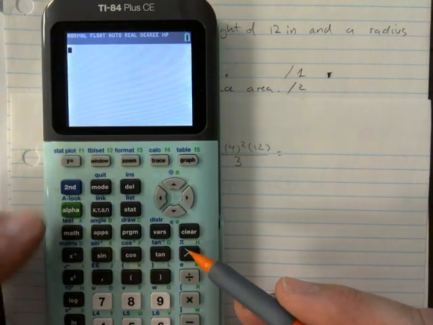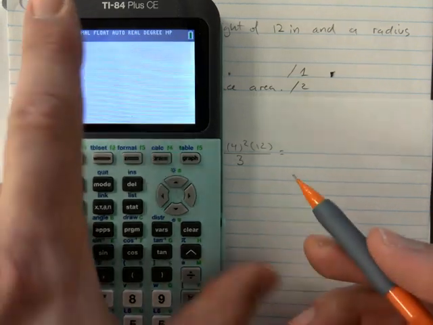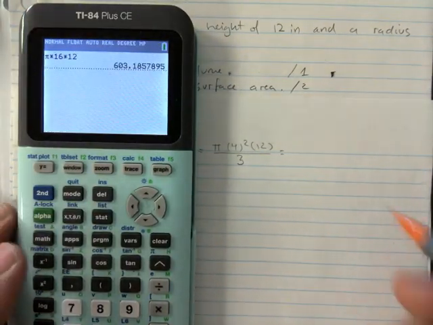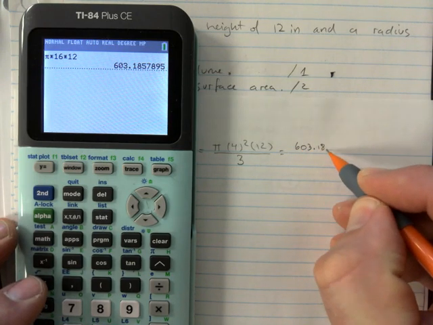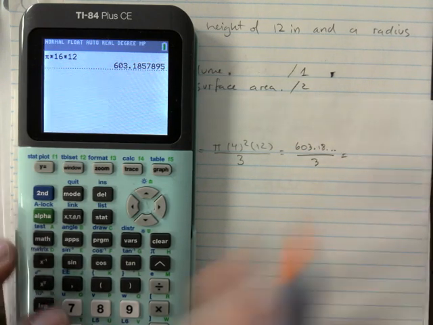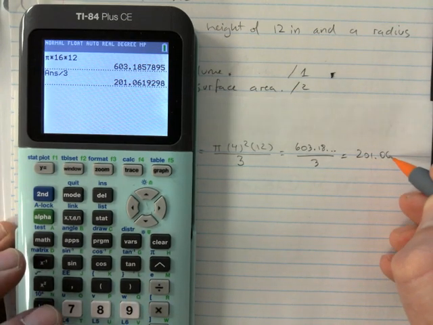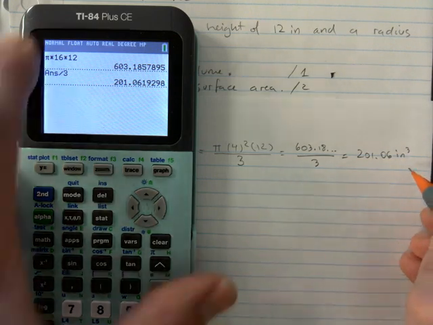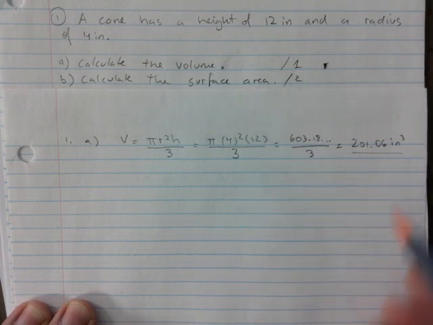It's right here, so second button, that's when you call pi there, times 16 times 12, and then you divide that by 3, and there you go, it's 201.06, and that would be cubic inches, inches cubed.